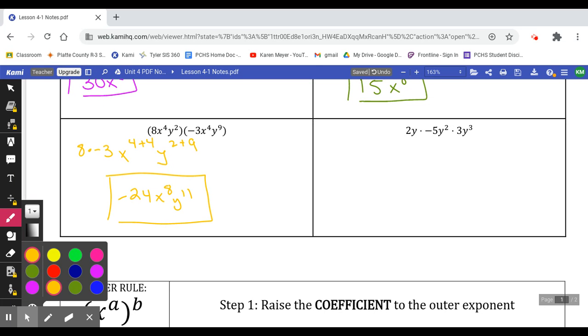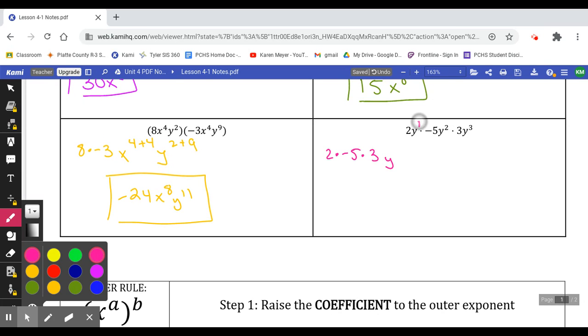Okay, the last one in this category. This time, instead of just multiplying 2 items together, we're going to multiply 3 items together. So still start by multiplying all the coefficients together. So 2 times negative 5 times 3. And for y, remember, the first y doesn't have an exponent.